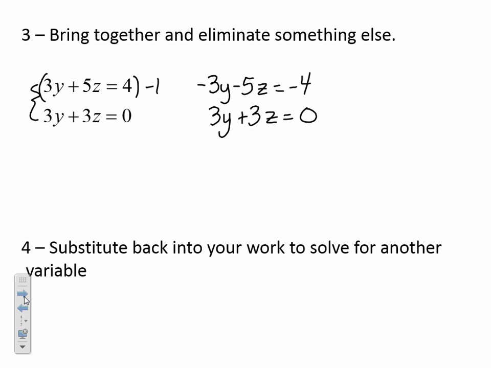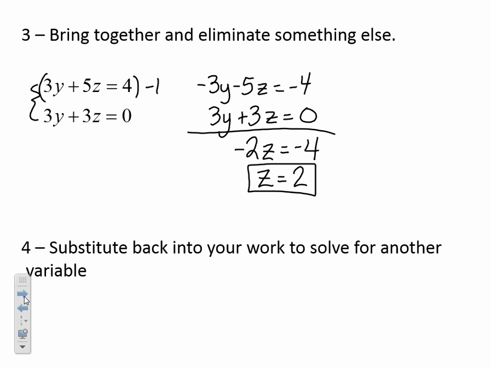So I'll go ahead and add these two things here. I'd have negative 2z equals negative 4. So z becomes positive 2. See how I went through those steps there to take those two equations together, added them up after I made something else eliminate, and then we can solve for that variable.